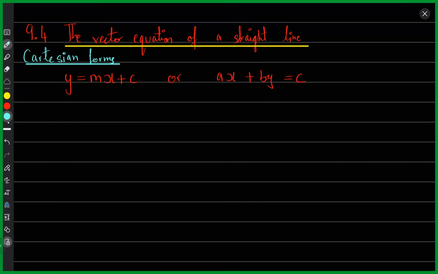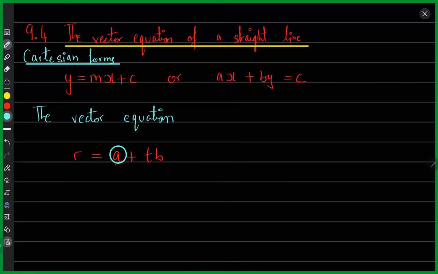So the vector equation is going to be r equals a plus t d. Now let's talk about what is a.